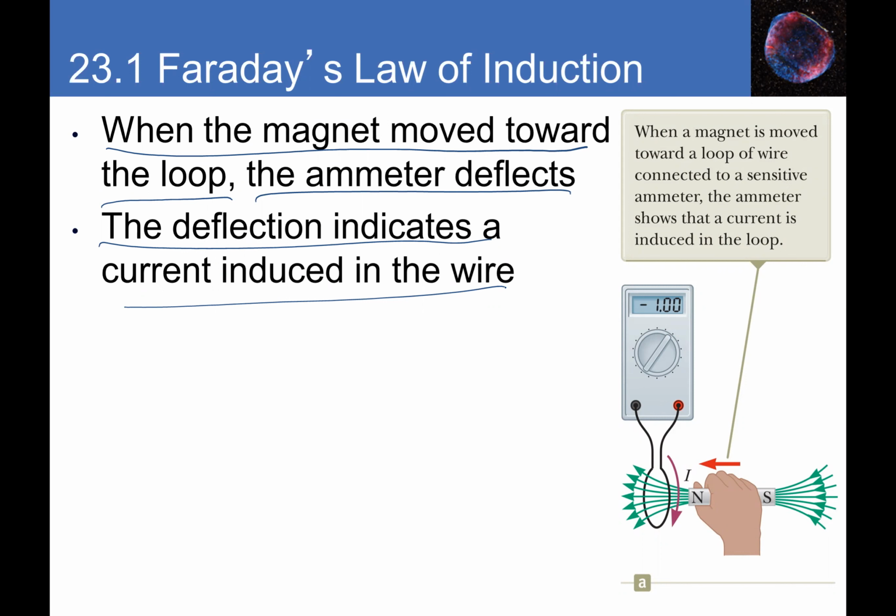Which means that instead of having the magnet sitting there stationary, you move the magnet relative to the loop. And as soon as we move the magnet relative to the loop, there is an induced current. That means somehow all the charges in the loop start all moving in one direction, which means there is a current in the loop, and the ammeter detects that current.